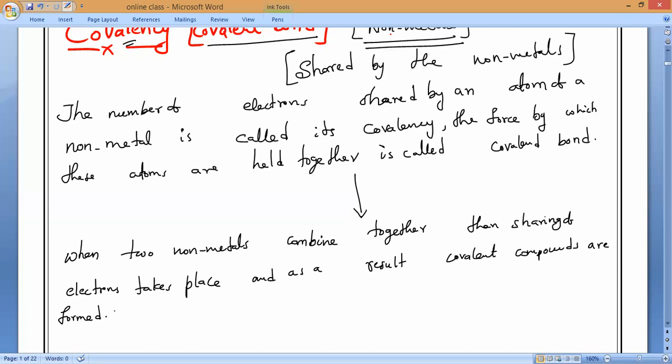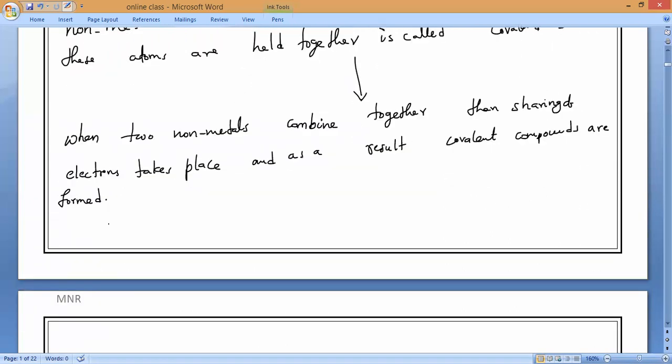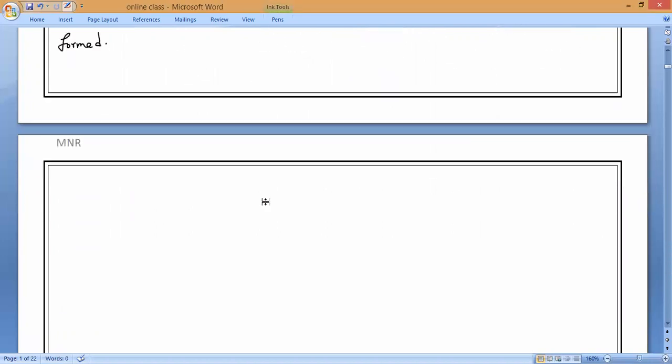Now, let us form the example. If you have noticed, example. How many of you know the oxygen electronic configuration?